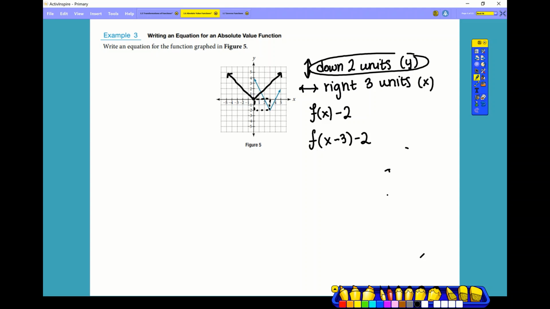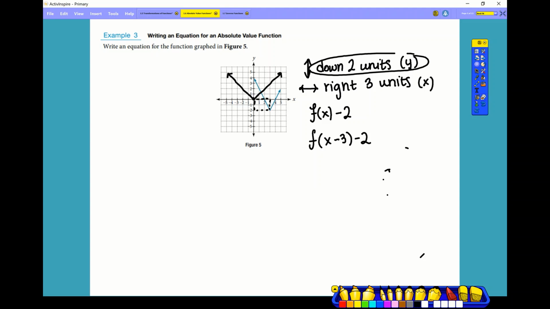And now let's think about, we know it's going to be multiplied by something, right? Because it's been squished. Let's go ahead and write it in this form.